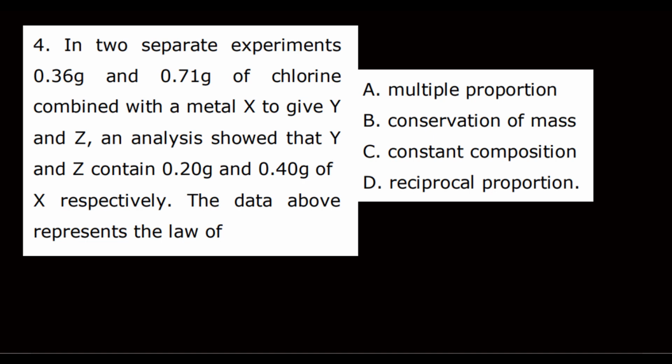This question is on the laws of chemical combination, right? We are told that 0.36 grams and 0.71 grams of chlorine combined with a metal X to give Y and Z, right? Now, on analyzing Y and Z, the analysis shows that Y contains 0.20 grams of X and Z contains 0.40 grams of what? X. Fine. So we want to determine which law this data represents, right?